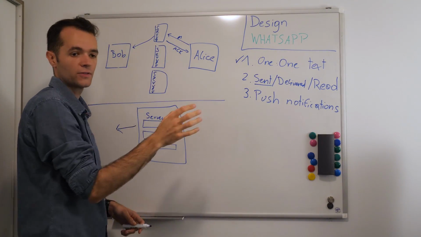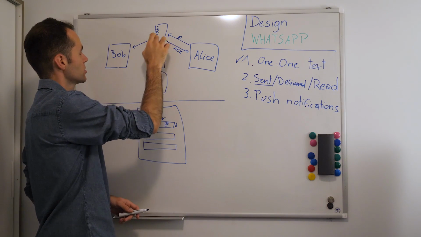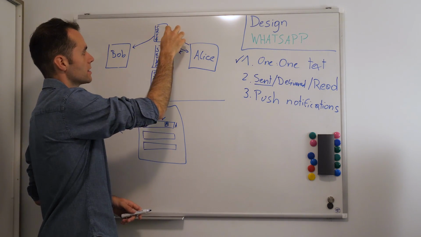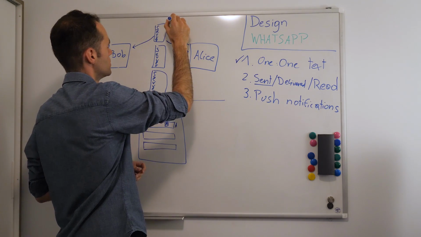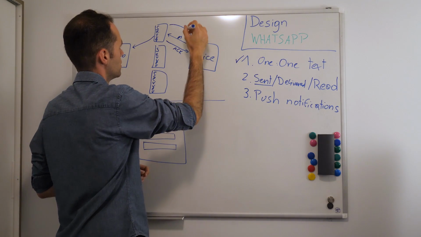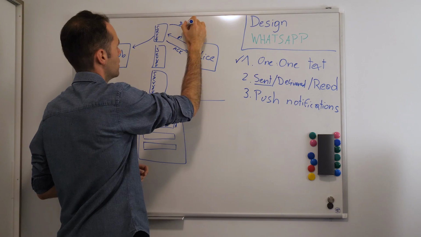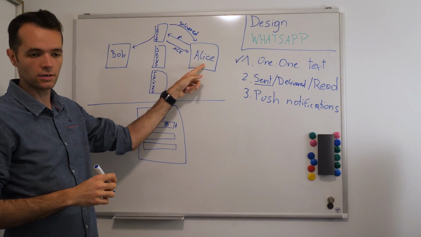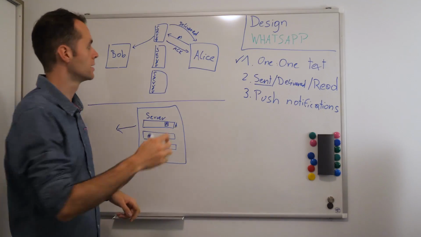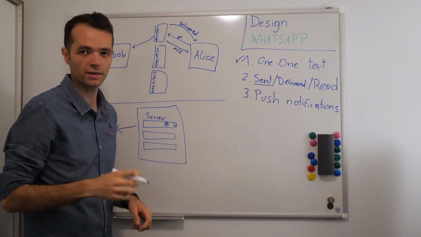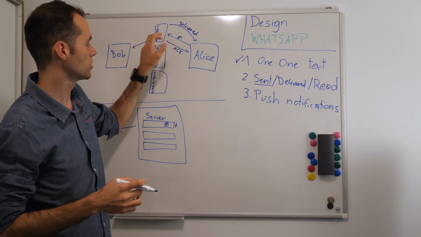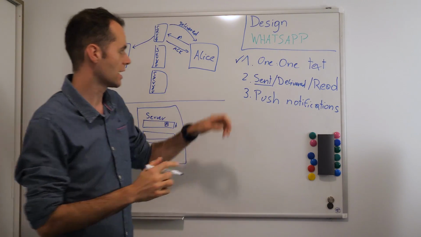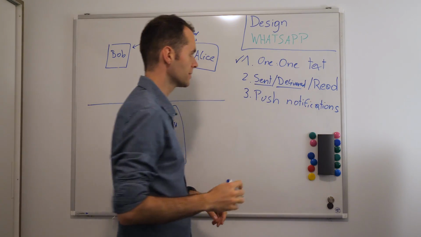So at some point in time, when this server connects to Bob and delivers that message, there will be a second connection opened just to send the delivered check mark. And of course, again, Alice would send back an acknowledgement to let the server know that this check mark was sent correctly. Okay, that's the delivered part.